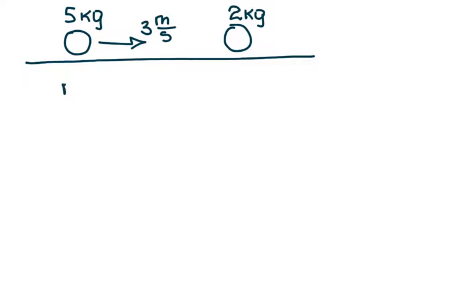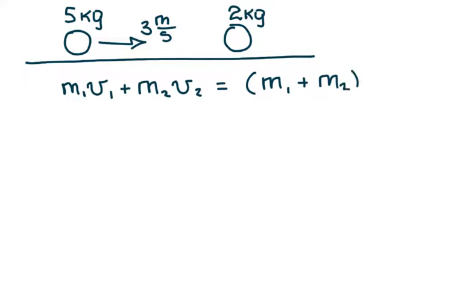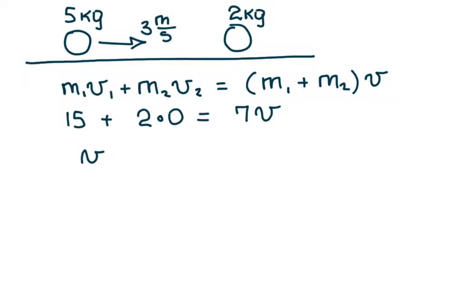Momentum before is the mass of the first, the velocity of the first plus the mass of the second, velocity of the second, and afterwards they stick together, so it's mass 1 plus mass 2 and their velocity together. So for mass 1, velocity 1, I have 5 times 3 plus 2 times 0 equals 7 times v. So v is equal to 15 over 7. So that's the velocity after the collision, meters per second.